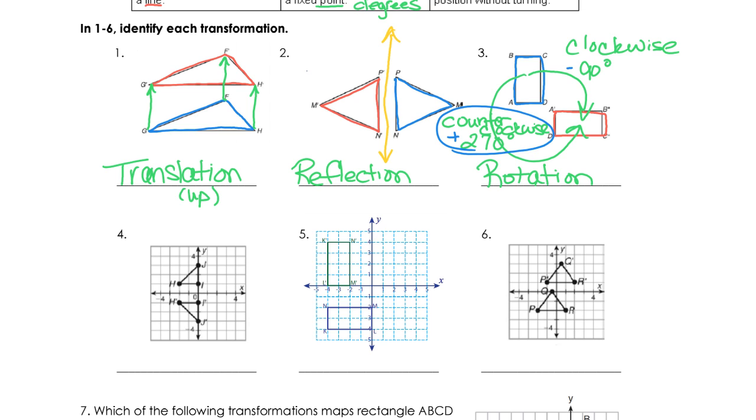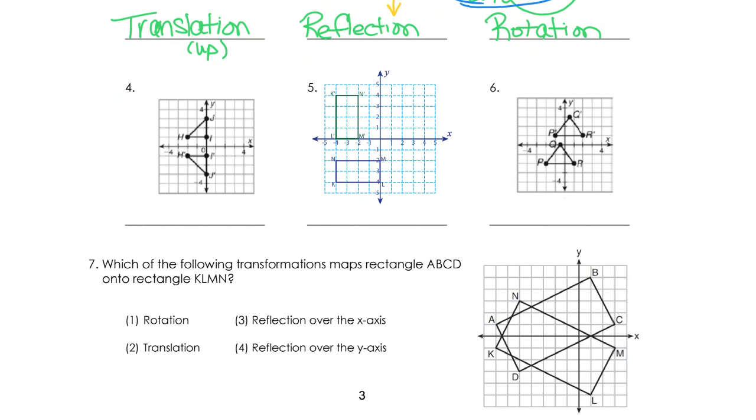So here on the bottom, we can be a little bit more specific since we're now on a graph. In number 4, what do we think this looks like? Well, this is our original triangle here, and this is our image. To get that blue triangle onto the red one, it would have to be flipped over that line, which is the x-axis.